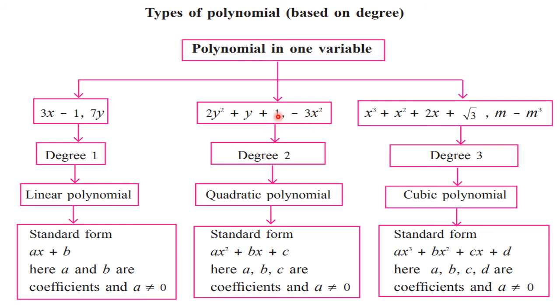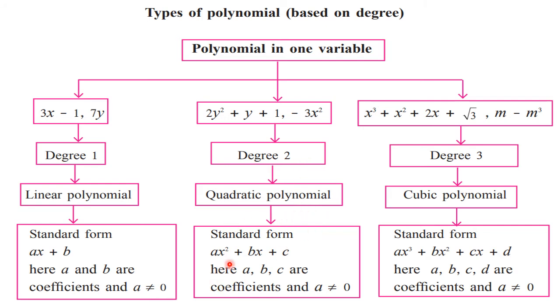So again, you can see this is a trinomial and this is a monomial, but still both are quadratic polynomials. Why? Because here we are not going to think about the number of terms, we are only going to think about the degree. That means the highest index. So here the highest index is 2, or the degree is 2. So such a polynomial is called a quadratic polynomial.